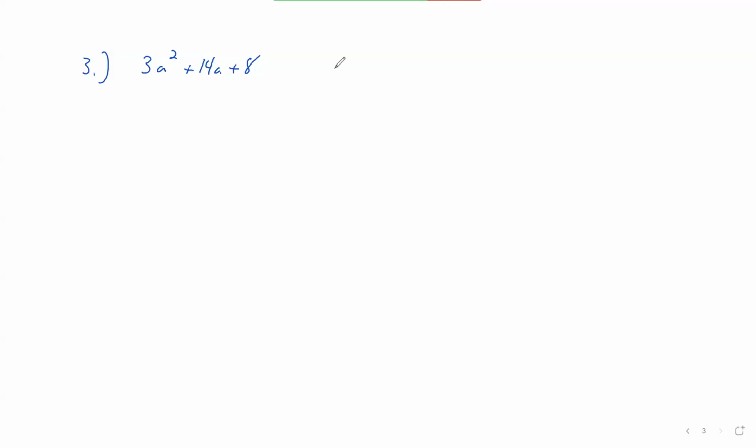Then you get to skip that step and move on to the T-chart, which is figuring out what multiplies to A times C and adds to B. Greatest common factor should always be your first question, but it doesn't always mean it's going to be one.